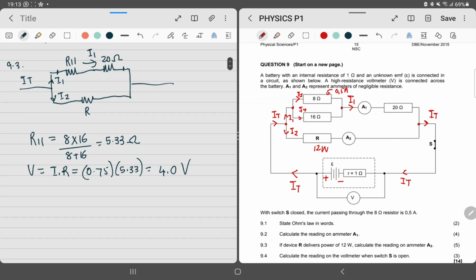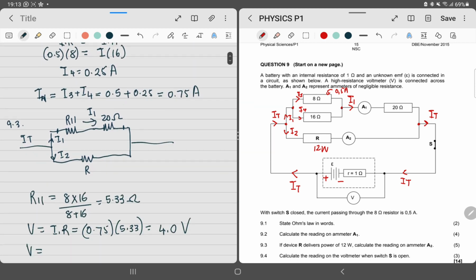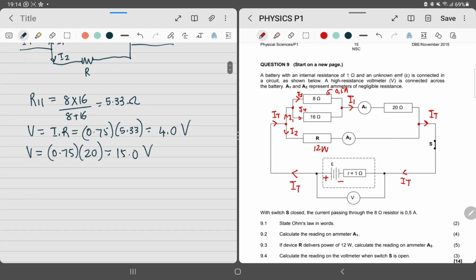And then I'm going to calculate the potential difference across the 20 ohm resistor. The current is still the same, which is 0.75, multiplied by 20. So I am getting 15 volts.